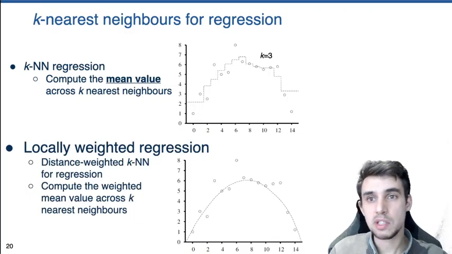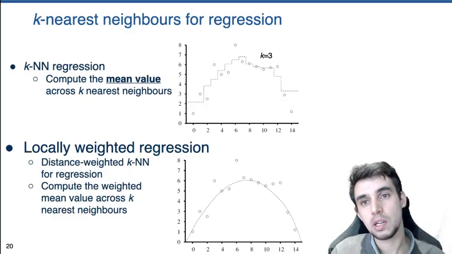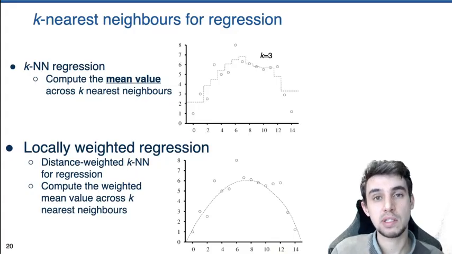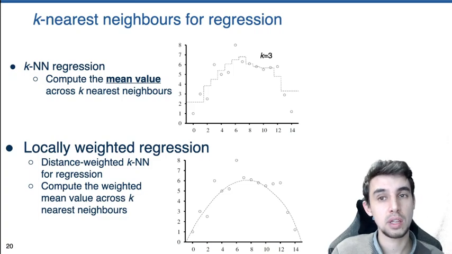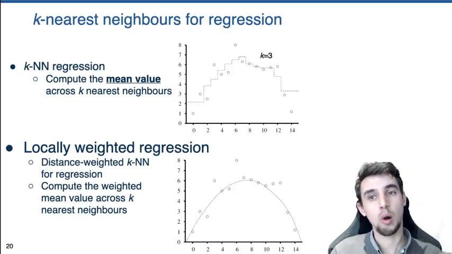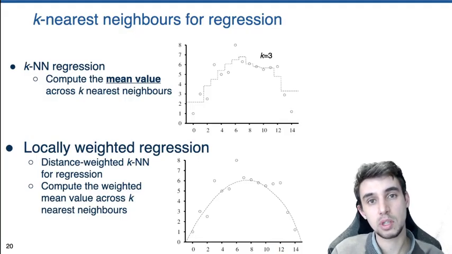Similarly to the distance-weighted extension of the k-nearest neighbor classifier, we can use a locally weighted regression algorithm. The idea is that we will use weights provided by the distance-weighted k-nearest neighbor algorithm, but for regression. By doing this, we will simply compute a weighted average across all the k values, again taking into account the weights computed by the weight function that I described previously.